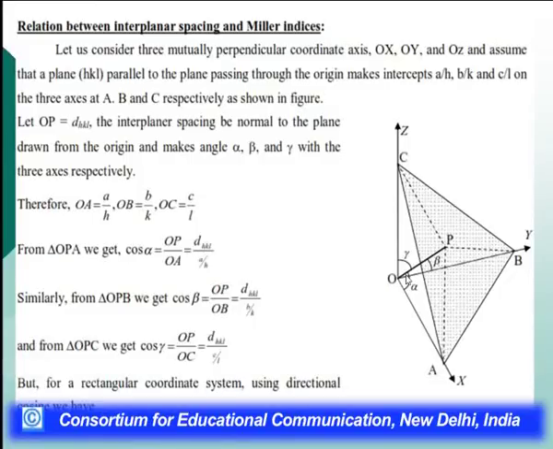Then we calculate the cos alpha, which is equal to OP by OA. Then using the right angle triangle Pythagoras theorem, OP is already defined, which is DHKL. Here we put DHKL and OA as the intercept, which is A by H. Now put this value here, the value of OP and the value of OA.